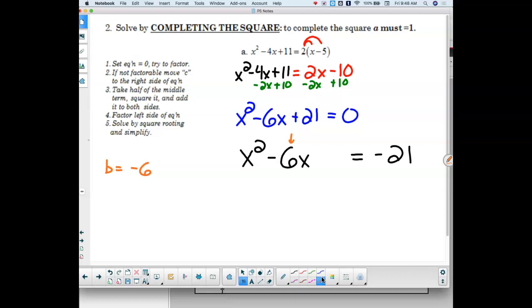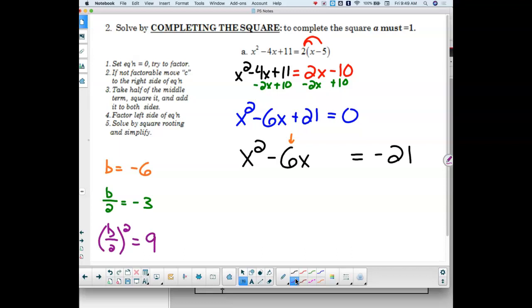Then if b is negative 6, I like to divide that by 2. And I like that to be negative 3, because negative 6 divided by 2 is negative 3. And then I like to square that, and I get positive 9.